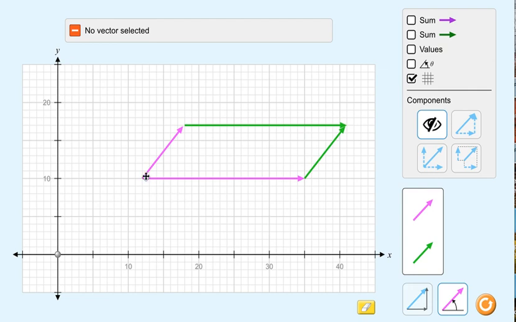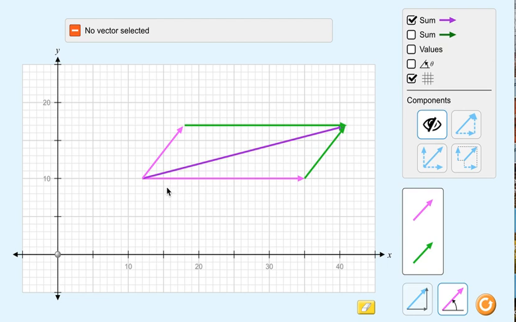And so we've got now a parallelogram, and what you do then is you would draw your line from there to there, or your arrow from there to there, and that there would be the resultant. They've called it the sum here, the resultant force. So that's basically what it is, it's the sum of these two. So if I had two forces acting on an object at this point, the sum of those forces would be this one, and it would be this big, and it would be at this angle.